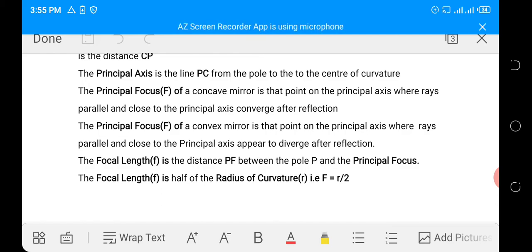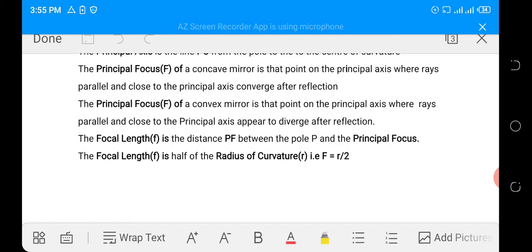But when they are produced backwards, it will now be as if they are coming from a point. So the point behind the mirror, where they appear to be coming from, is what we call the principal focus of a convex mirror.